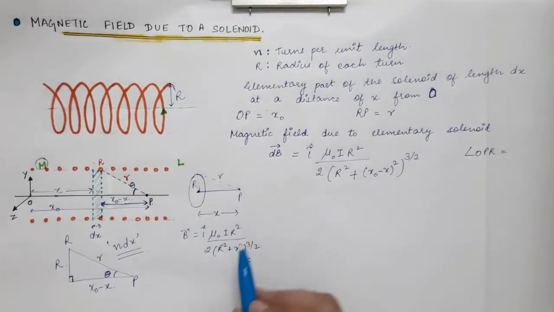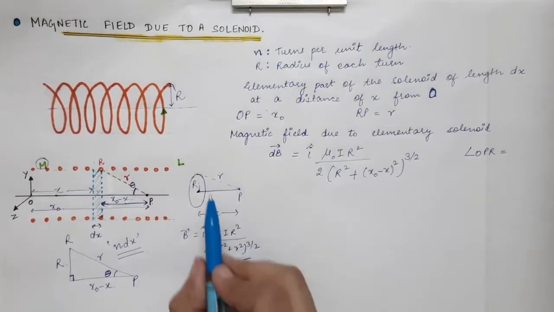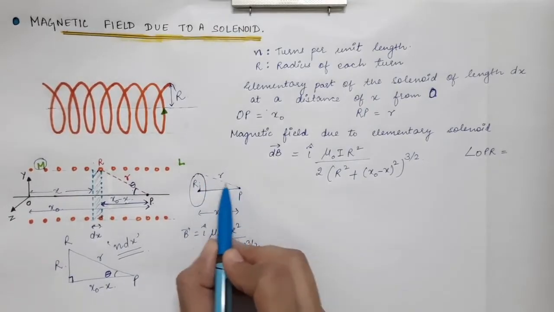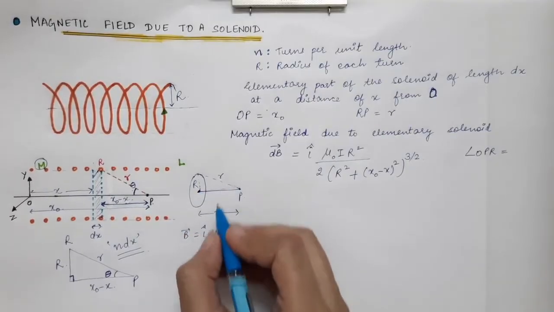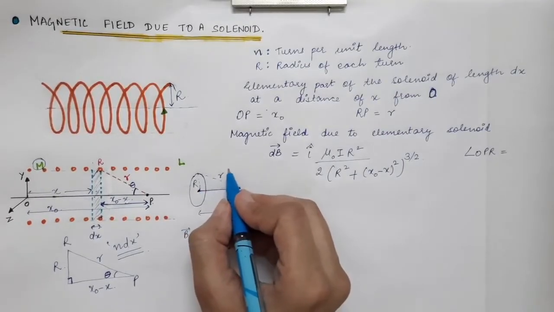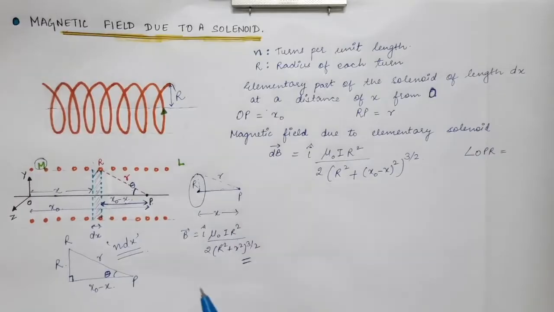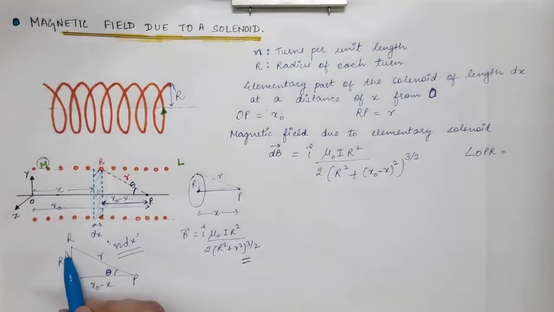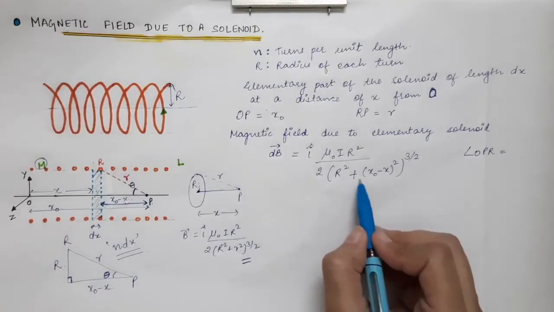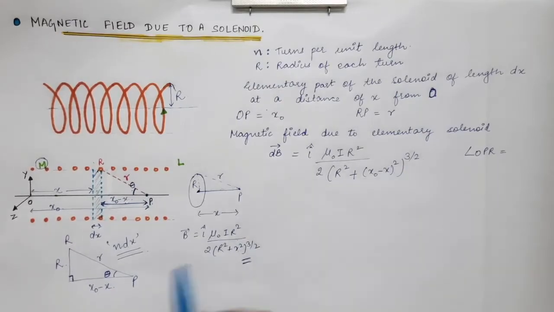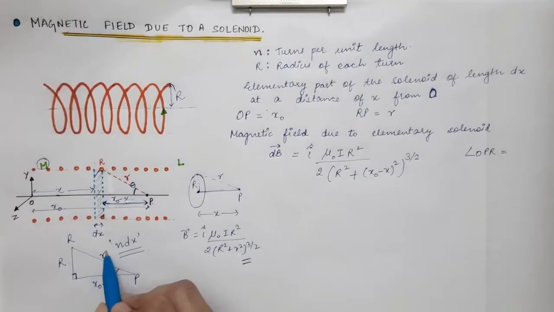Now what is this r square plus x square? If you look into this triangle, r square plus x square is nothing but small r square, which is the Pythagoras theorem. Similar thing will be over here. What is r square plus x naught minus x whole square? It is nothing but equal to small r square.